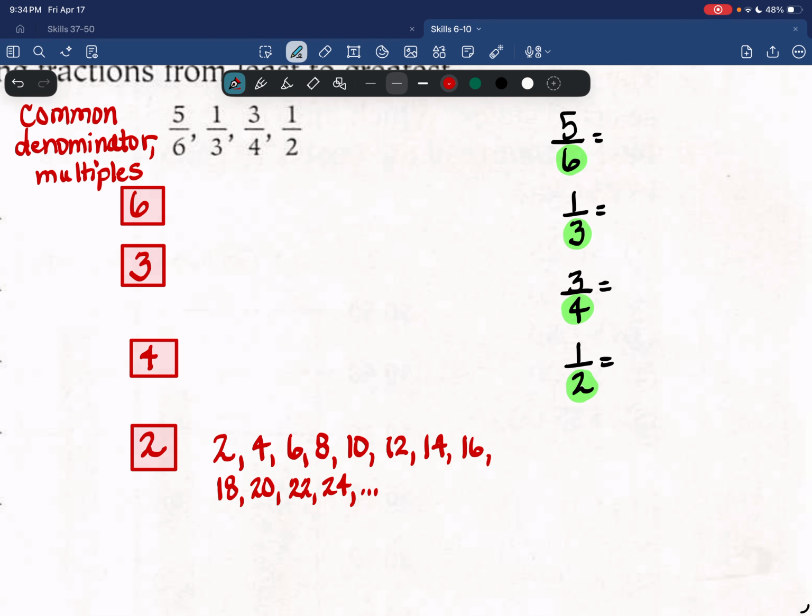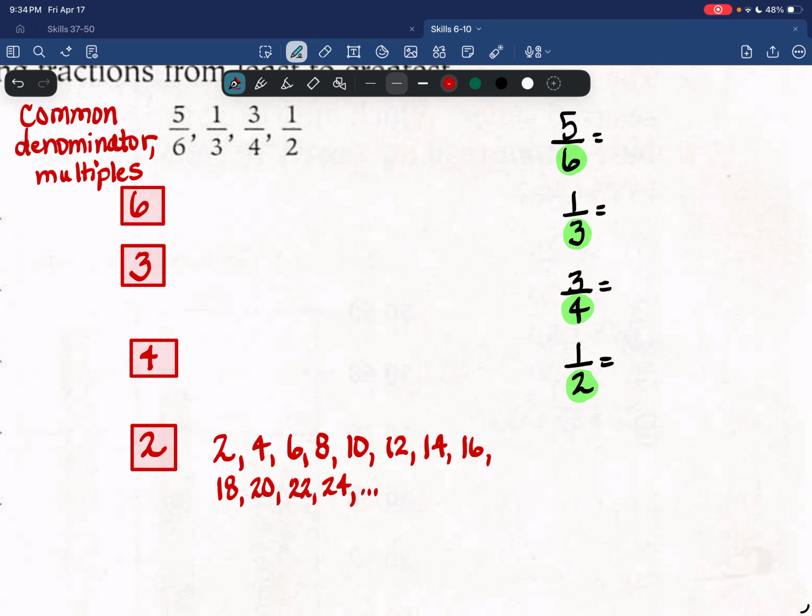I'm going to use an ellipsis to show that that sequence continues if I choose to, but I've gone as far as I need to. I've actually gone farther than I need to, but I want to show you something with this.